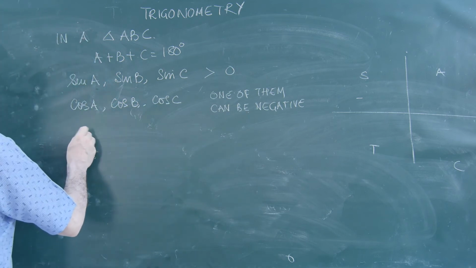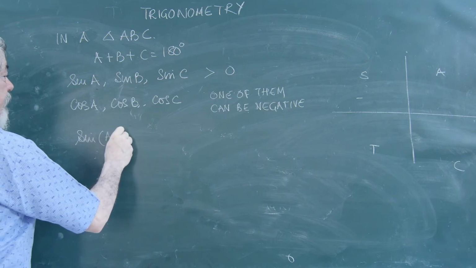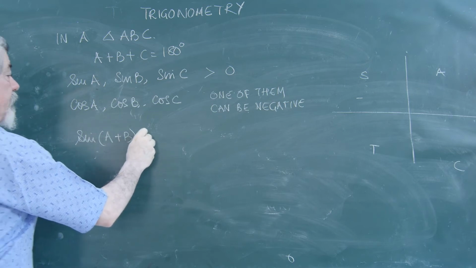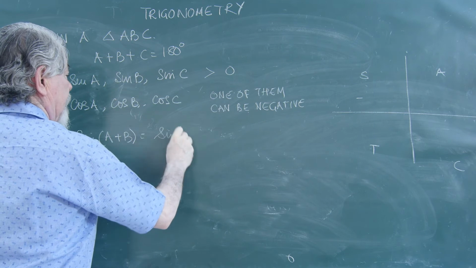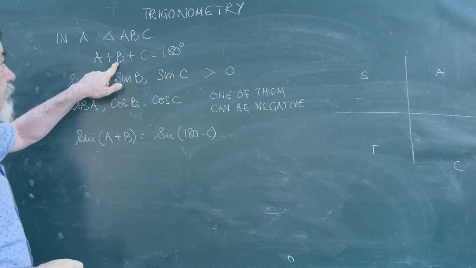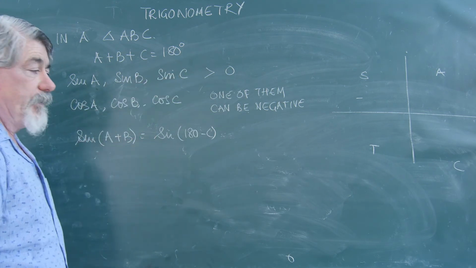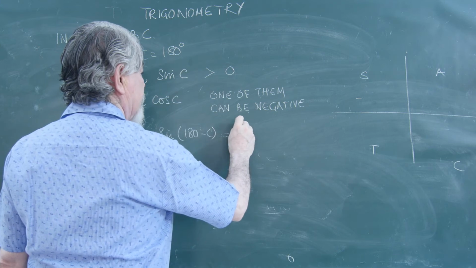Now, suppose sin(A + B). Sin(A + B) will always be equal to sin(180 − C), because A + B will be 180 − C, so sin(A + B) will be sin(180 − C). And this is sin C only.